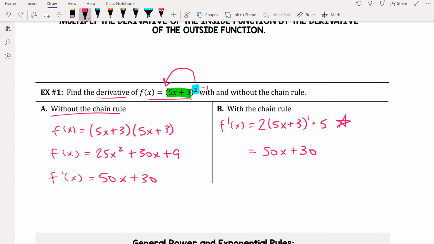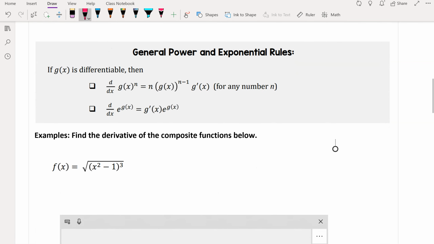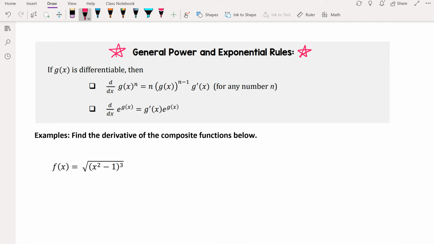Okay, so now let's get some practice using the chain rule. And you need to write down these general rules really quick, the general power rule and general exponential rule. And they're right here. If g is differentiable, then this first one, the derivative of g of x to the n equals n g of x to the n minus 1 times g prime of x for any number n.